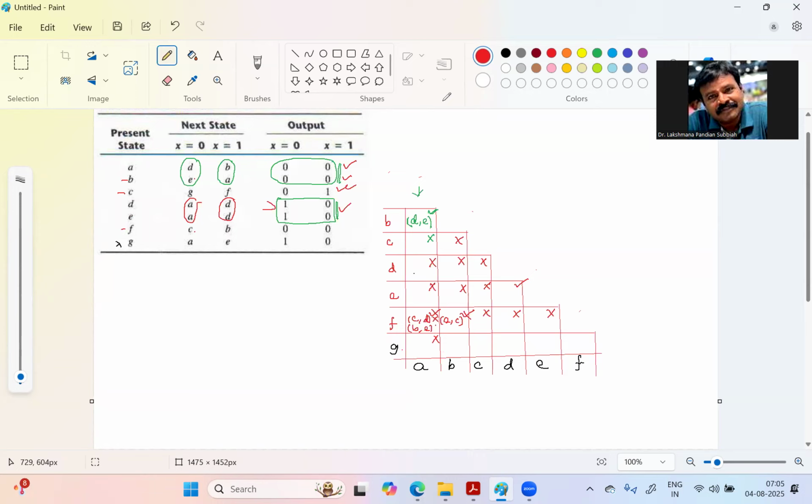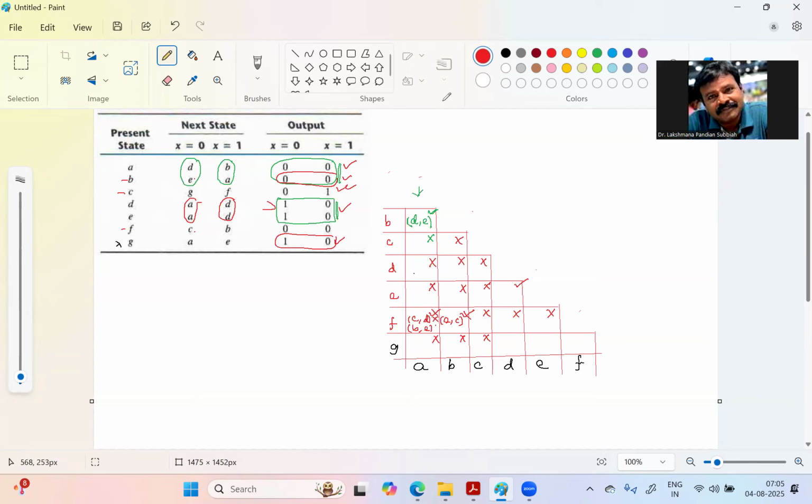Then B and G are different. B is 00 and G is 10, so they are different. Then CG is not a pair.